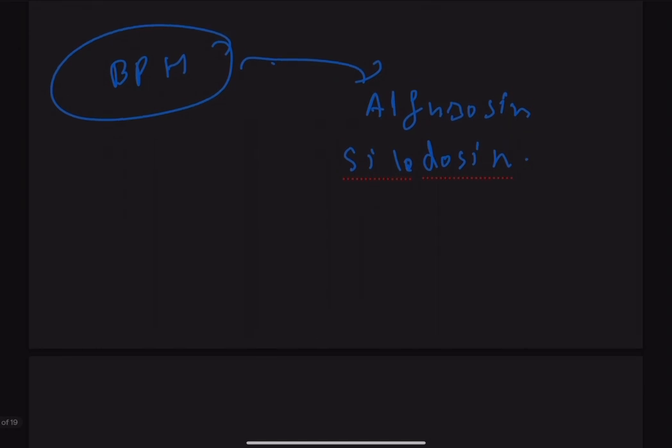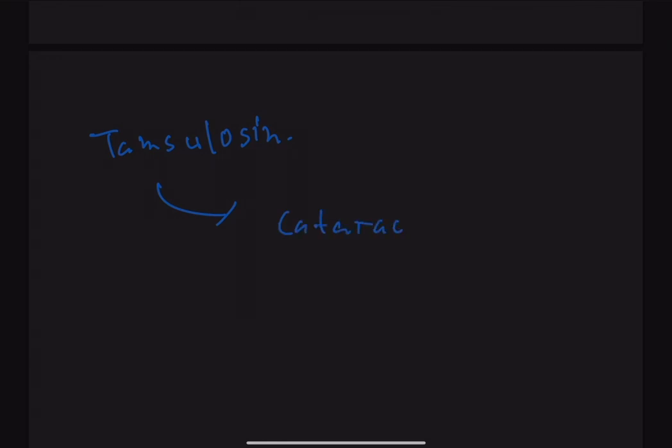Here, there is something to talk about this tamsulosin. That benign prostatic hypertrophy is common in older people, and there is something called cataract that is also common in older people.